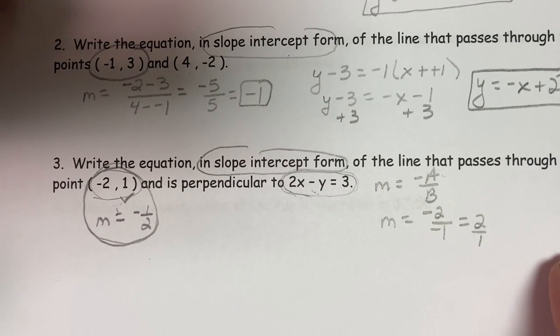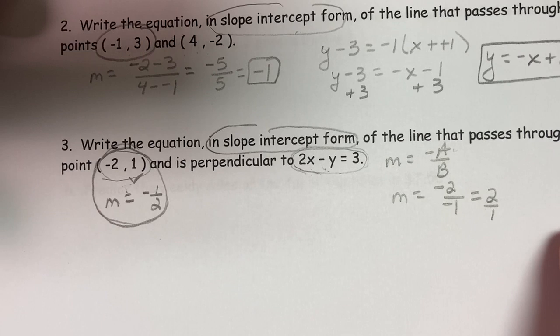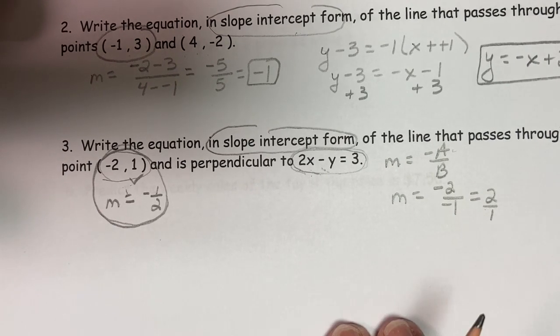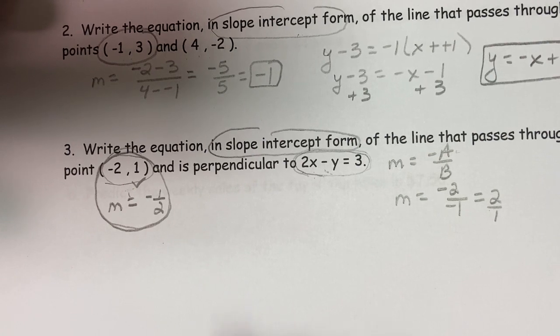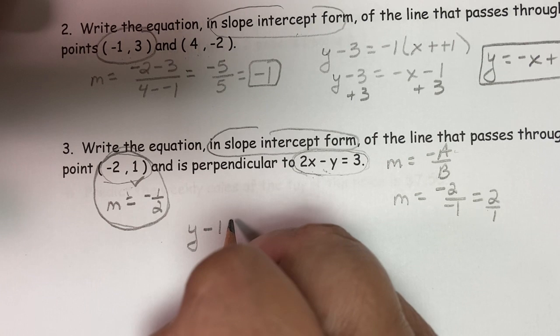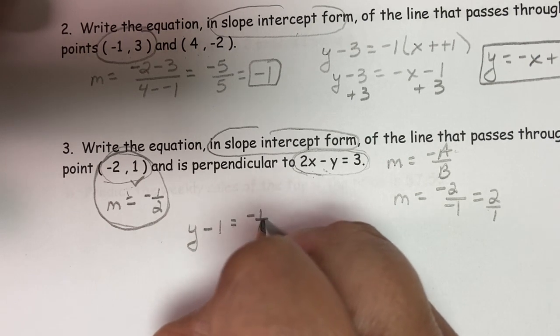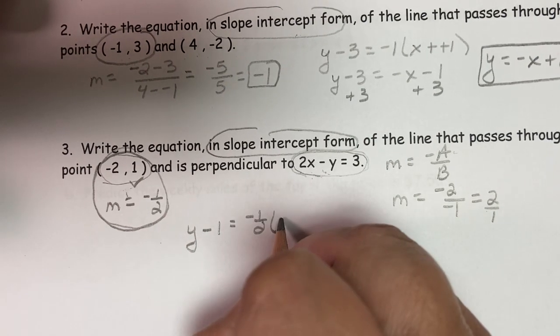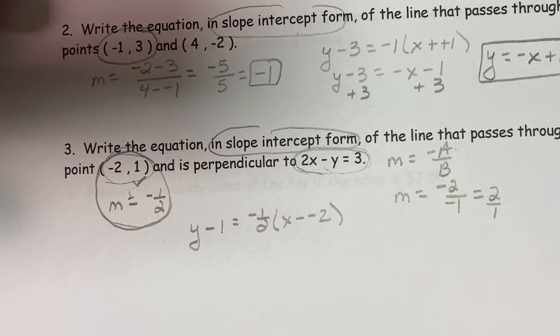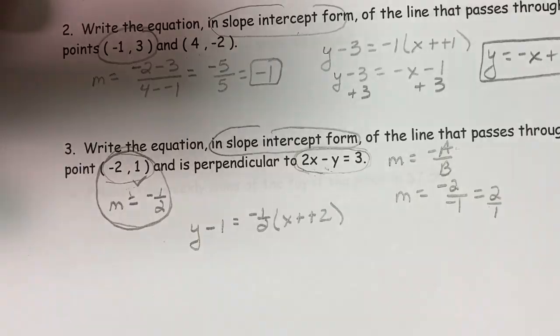So let's go ahead and do that. Remember, we're going to go to point slope form first, and then change that to slope-intercept form. So it would be y minus 1, which is the y of the point, is equal to negative 1/2, the slope, times x minus negative 2, which again we know is really x plus 2.